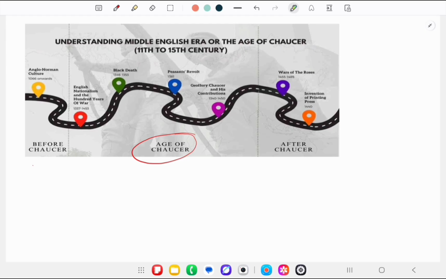The first one is before Chaucer, the Anglo-Norman culture, which consists of 1066 onwards.